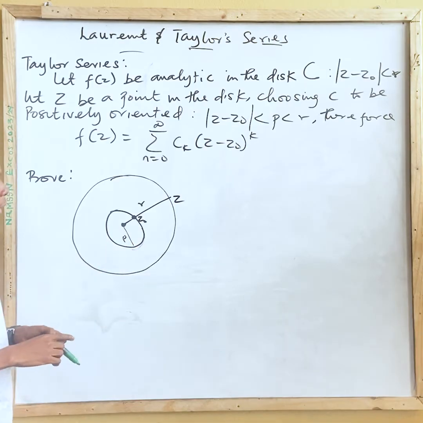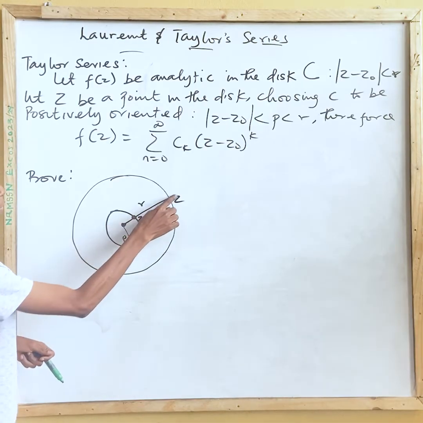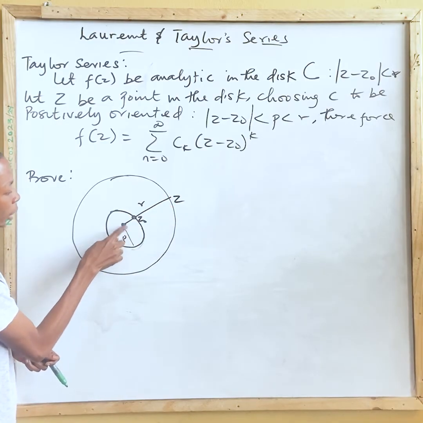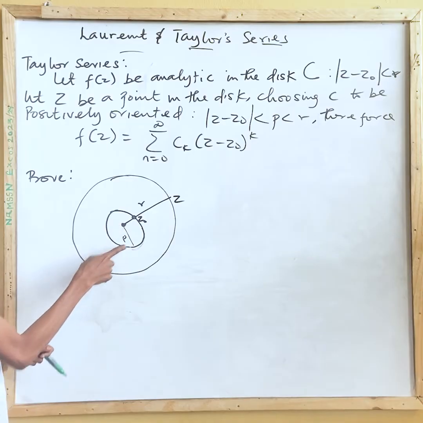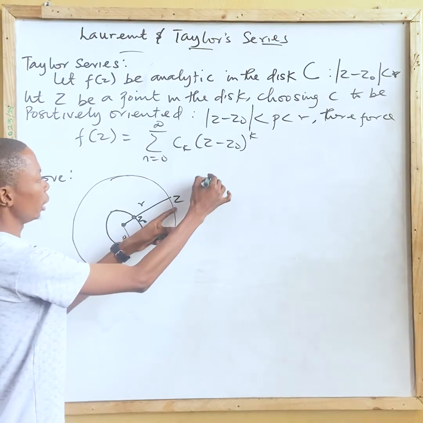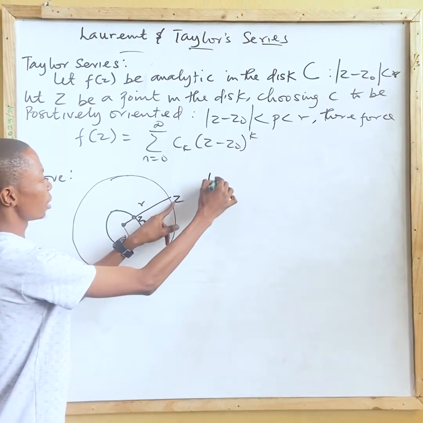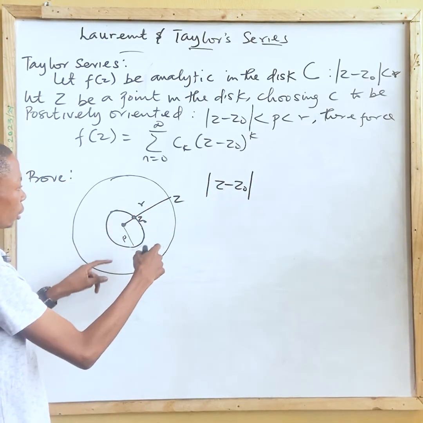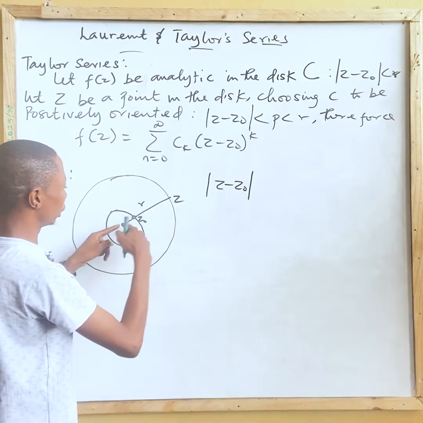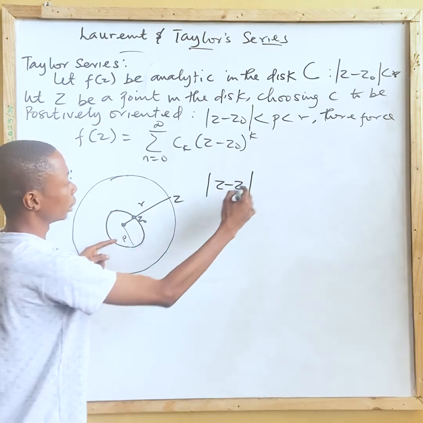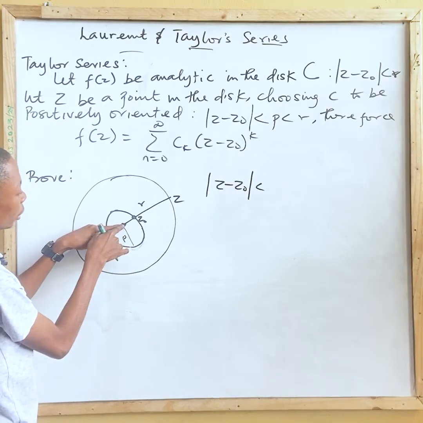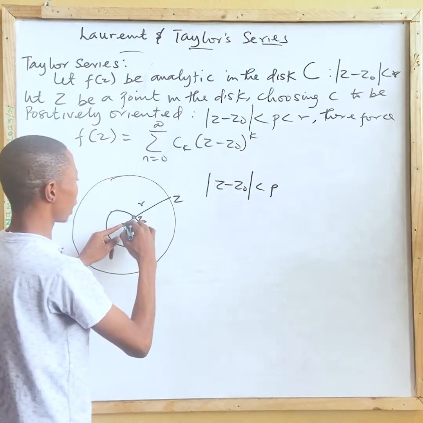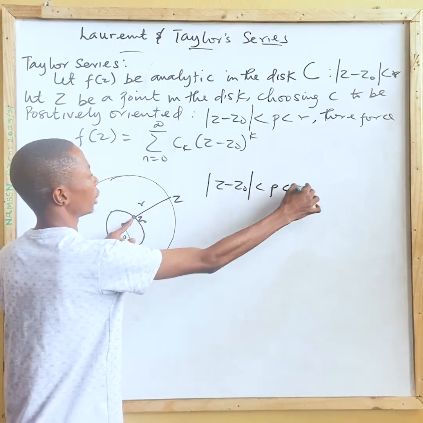You observe that if I'm moving from here to here, this one is definitely greater than this. So it means that the distance from z to z naught is greater than the distance from the center to this circumference, p, and that is less than this radius, which is less than r.